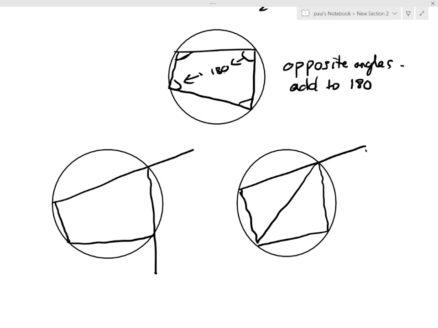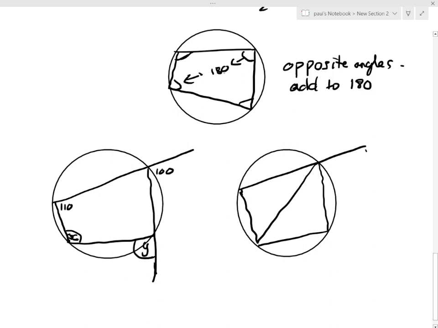Okay, right, this first one here. Let's have a look. Call that one 100, and call this one 110, and let's find angle X, that bottom left hand corner, and angle Y over here.